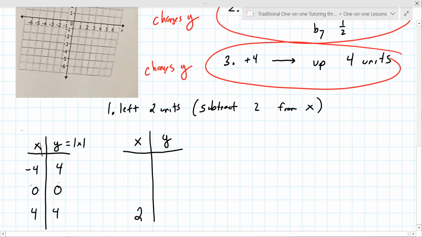What is 0 minus 2? It is negative 2. And then the last one here is negative 4 minus 2. That's negative 6. And this time you keep the x values, but the y values stay the same.